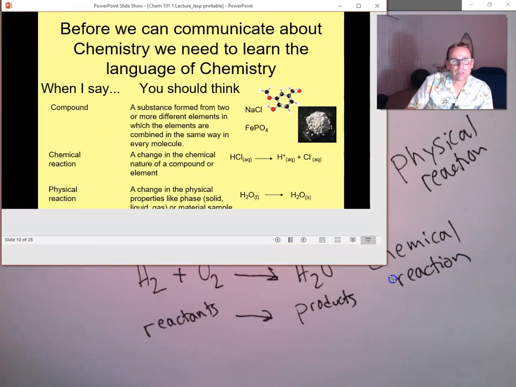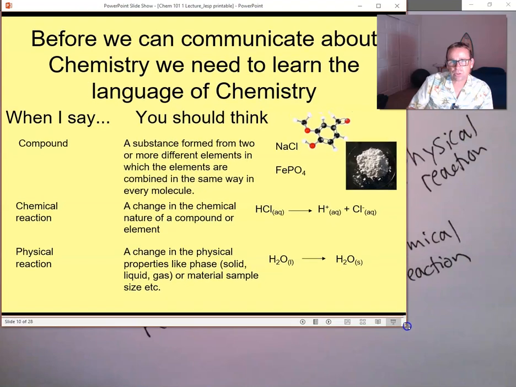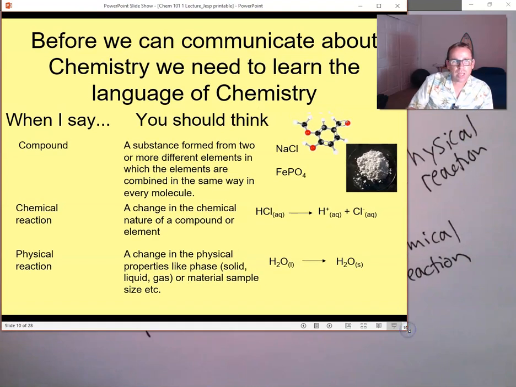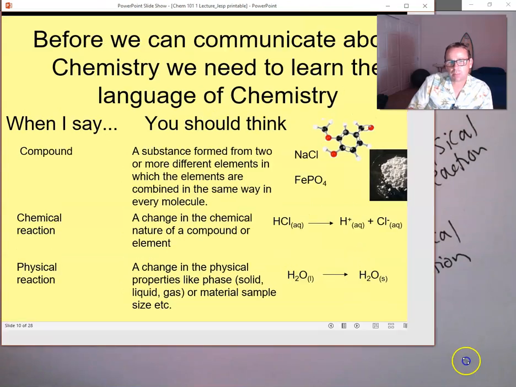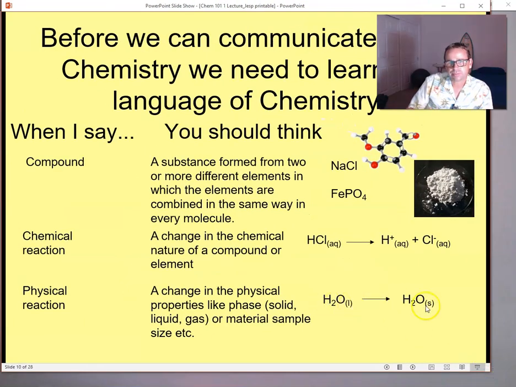Okay, very good. So we have chemical and physical reactions. Physical reactions are pretty easy to see because generally, like in this case here, what am I doing when I go from liquid water to solid water? What do we call that process? Physical reaction.